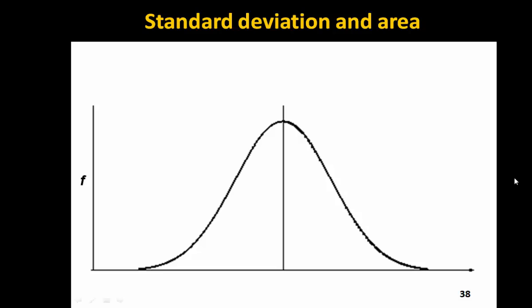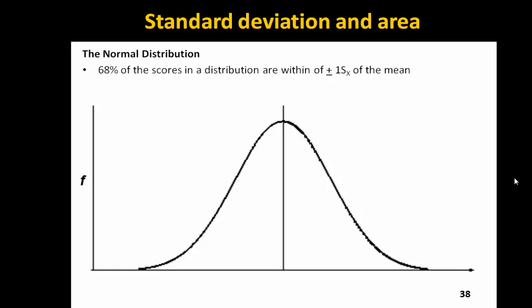In this lecture, we're going to explore the standard deviation visually and through the mathematical expression of it a little closer. When we start to talk about the standard deviation, we have to come back to the normal distribution.